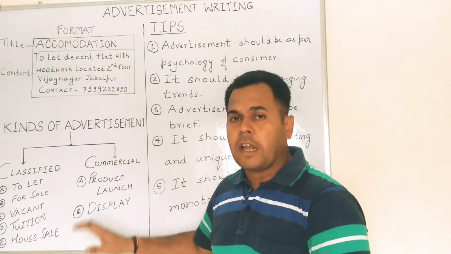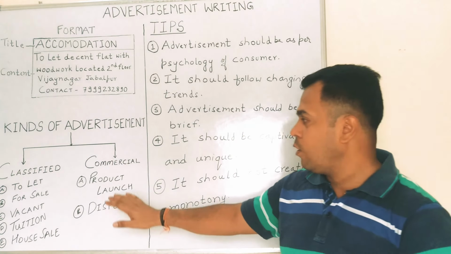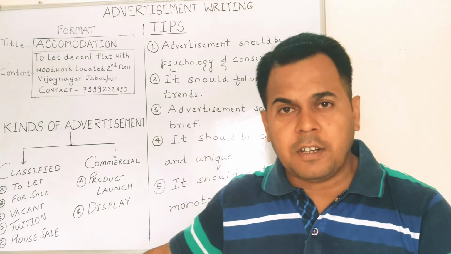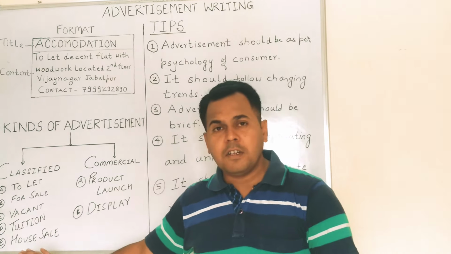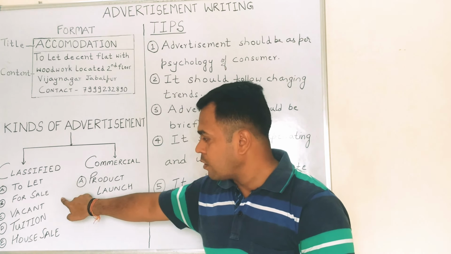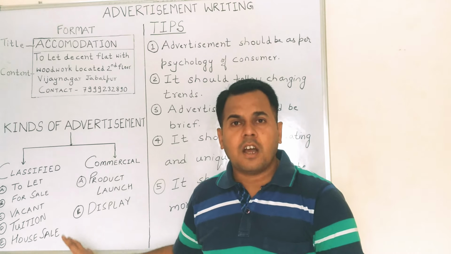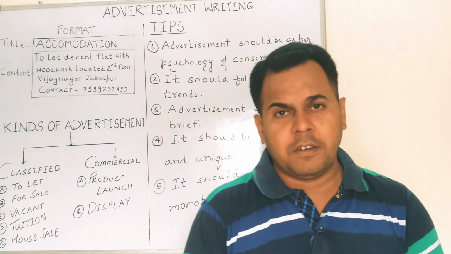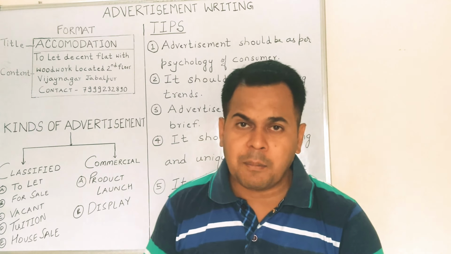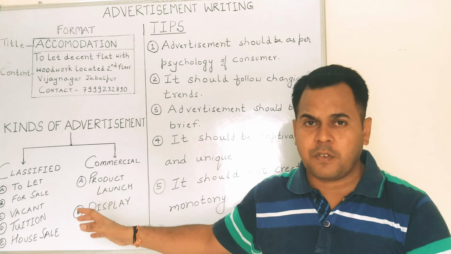Now we have got two types of advertisements. One is your classified advertisement, second one is your commercial advertisement. In classified advertisement, you can send ads for to let, for sale, vacant, tuition, house for sale, these kinds of advertisements. So this ad which we have taken as an example is called a classified ad.